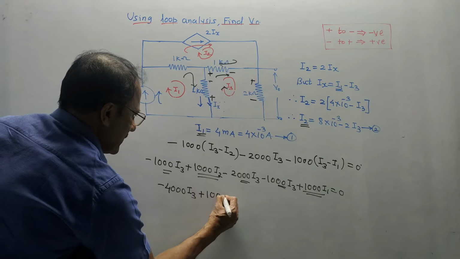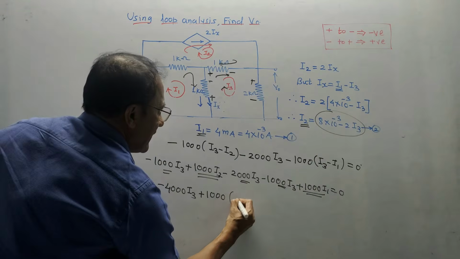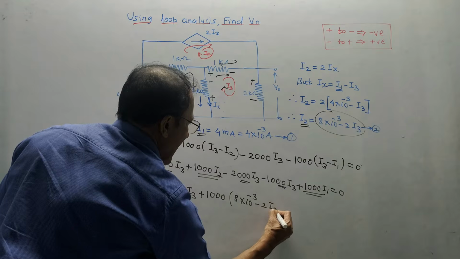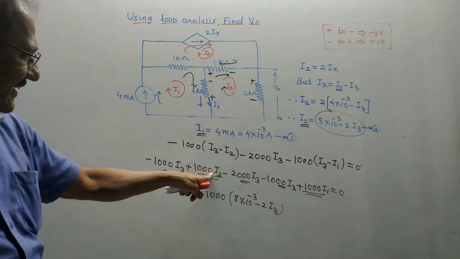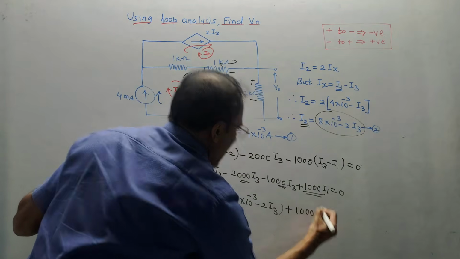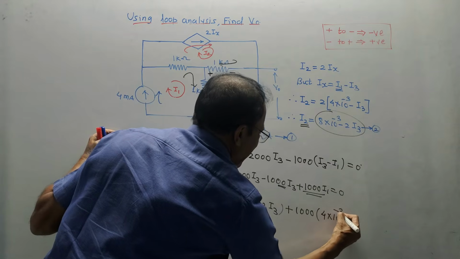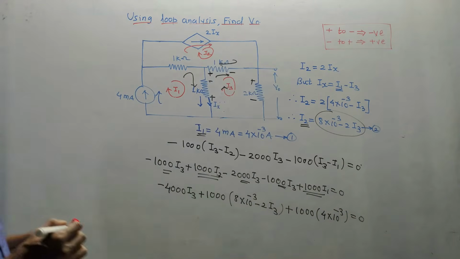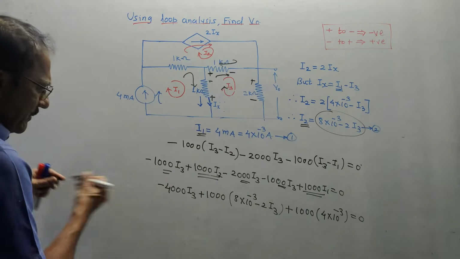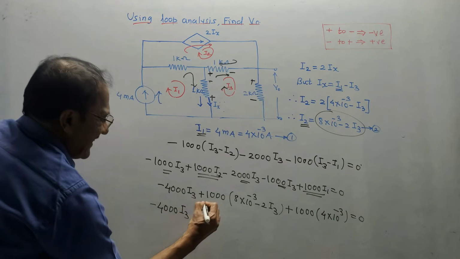The remaining terms are 1000 I1 and 1000 I2. Plus 1000 times the value of I2, which is 8 into 10 raised to minus 3 minus 2 I3. Then the remaining term plus 1000 I1, where I1 is 4 into 10 raised to minus 3 amperes, equals 0. I need to further simplify this equation. So it becomes minus 4000 I3.